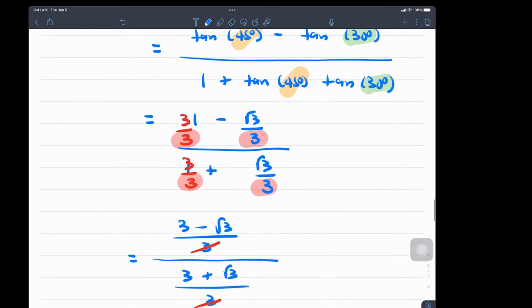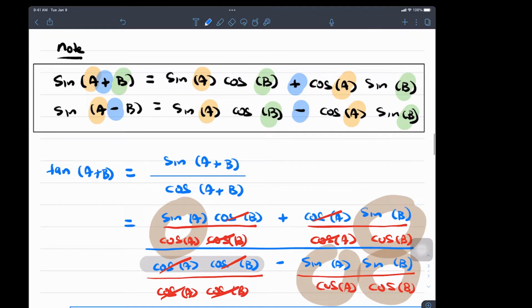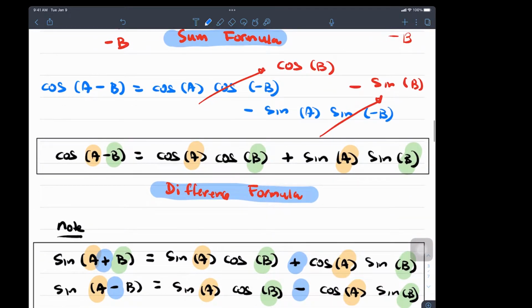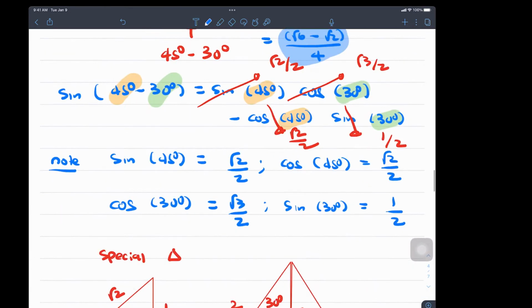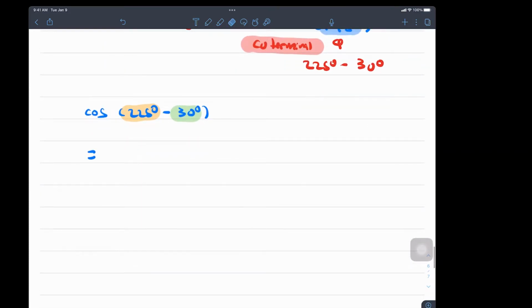What's cosine of a difference? You know what cosine of a difference is? Yeah. Cosine A, cosine B plus sine A, sine B. Cosine, cosine plus sine, sine. So it's going to be cosine 225, cosine 30, plus sine 225, sine 30.